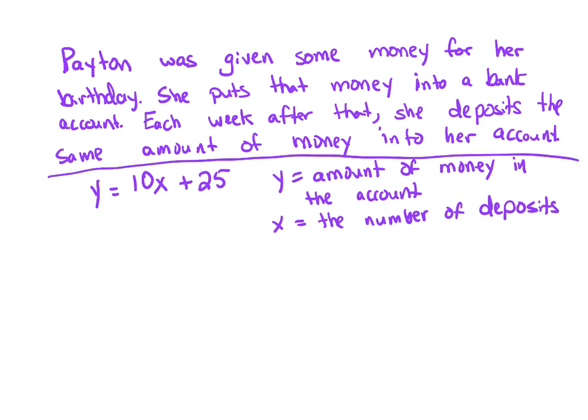Now, when we look at our equation y equals 10x plus 25, the 25 is going to represent the y-intercept. This tells us that for her birthday, Peyton was given $25.